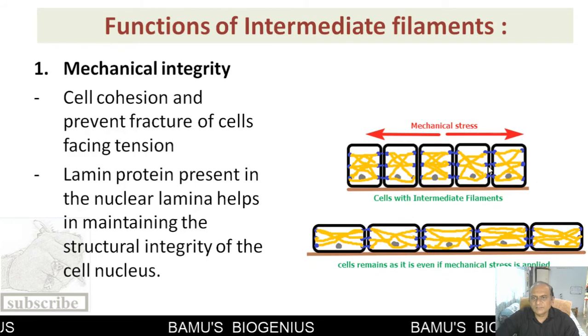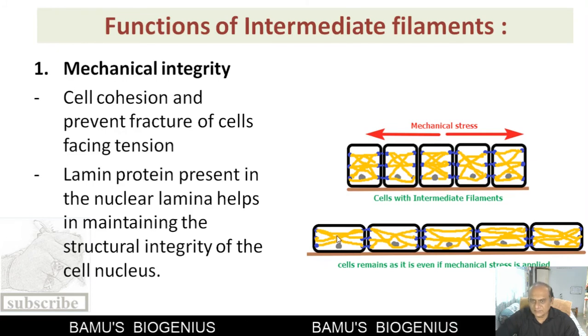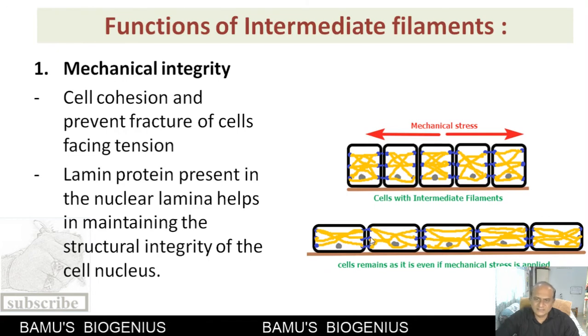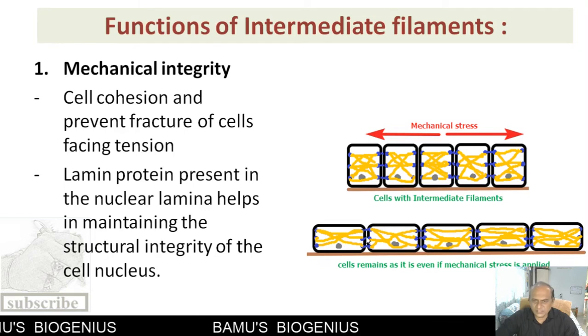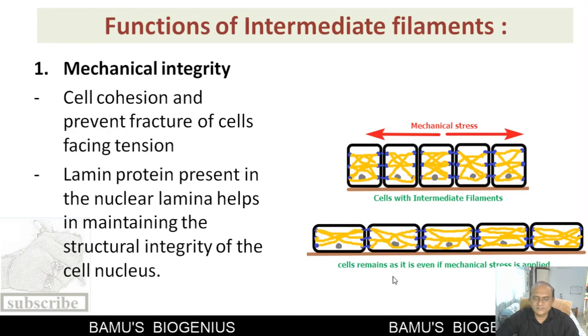But when these intermediate filaments are present in the cell, even if there is mechanical stress, they help the integrity of that particular cell type, and they don't allow a rupture of the plasma membrane, and thus even in mechanical stress, the cell remains as it is.